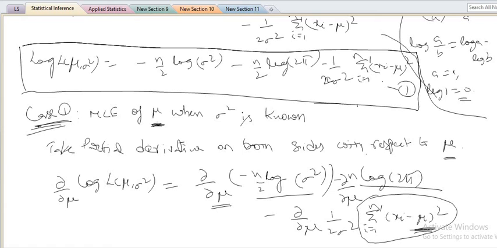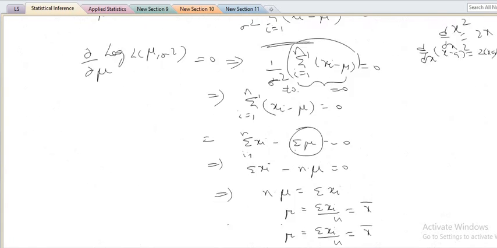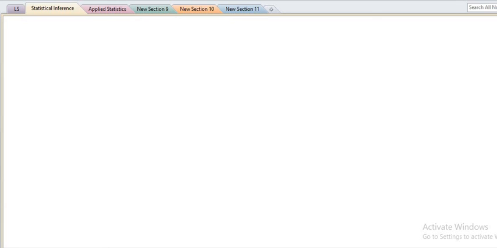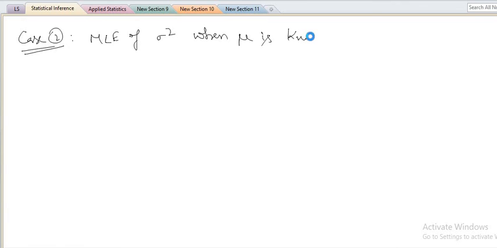If that is the case, we need to do partial differentiation of equation 1 with respect to sigma square. Case 2: MLE of sigma square when mu is known.